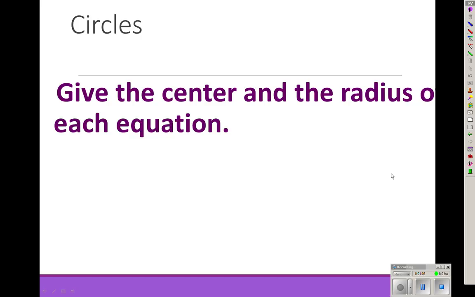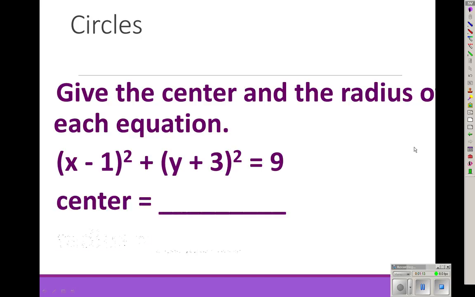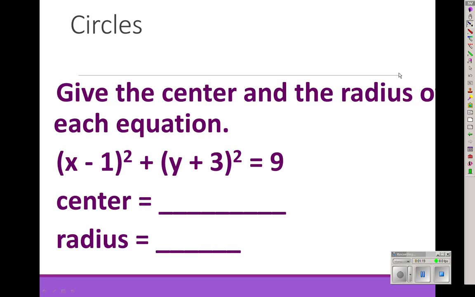So if we're given the equation of a circle, find the center and the radius. On this one, (x minus 1) squared plus (y plus 3) squared equals 9.